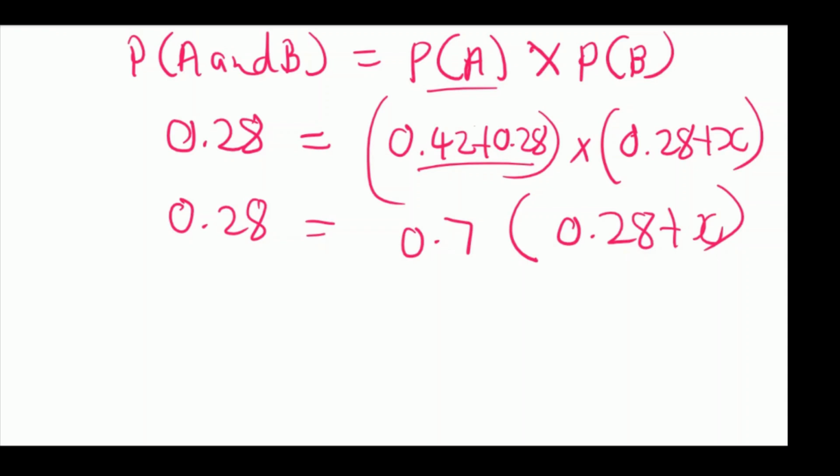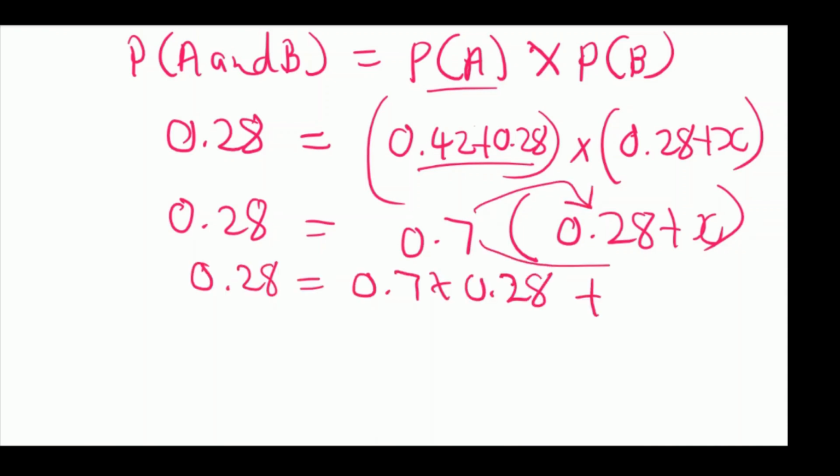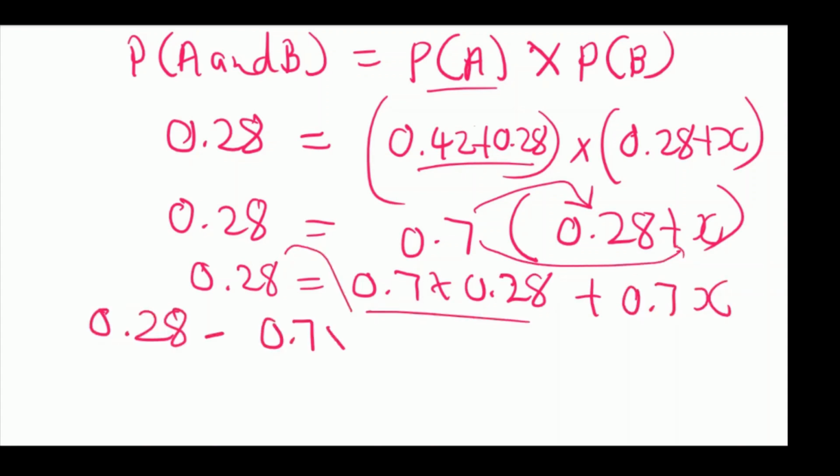So it's going to be 0.28 equals 0.7 times 0.28 plus, and then the 0.7 will multiply the x, so it's going to be 0.7x, and then you transpose this expression to the other side. You have 0.28 minus 0.7 times 0.28 equals 0.7x, right?